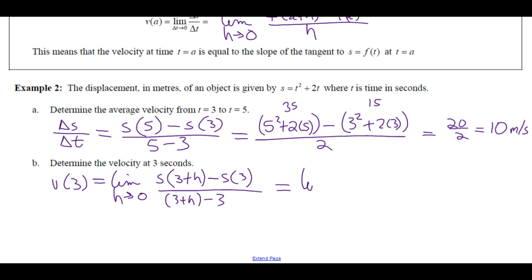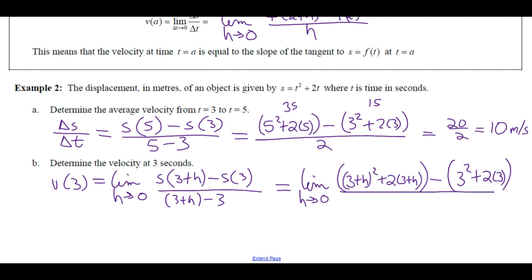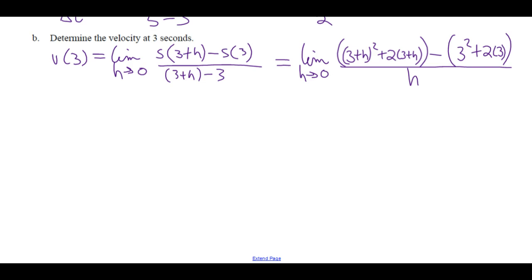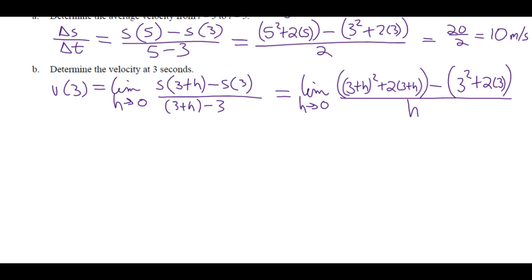So it's the limit as h approaches 0 of, what do we got? 3 plus h squared plus 2 times 3 plus h, minus, let's bracket that, s of 3, which is 3 squared plus 2 times 3, over h.